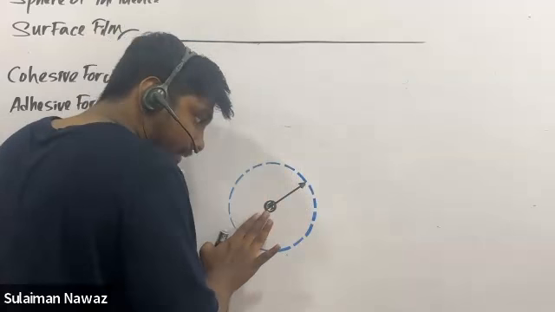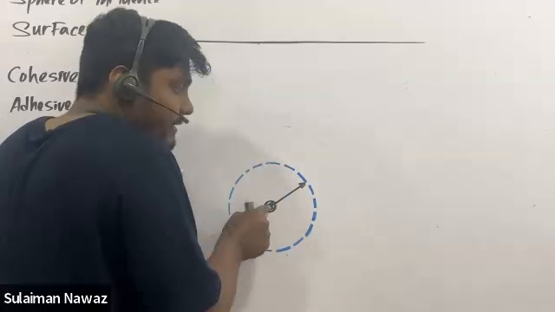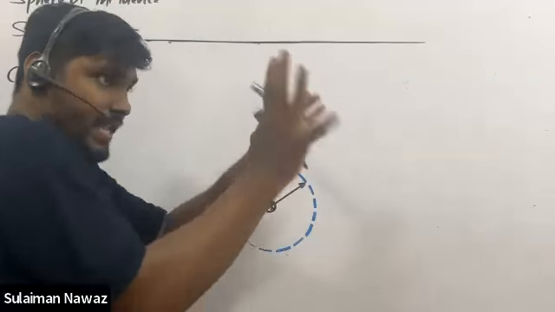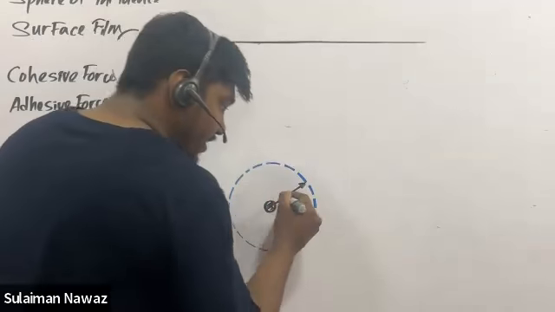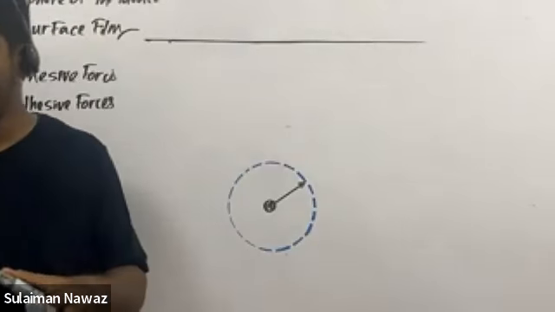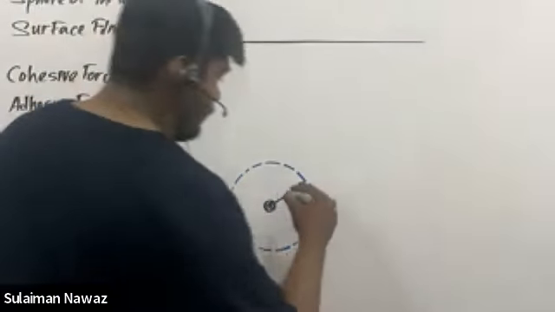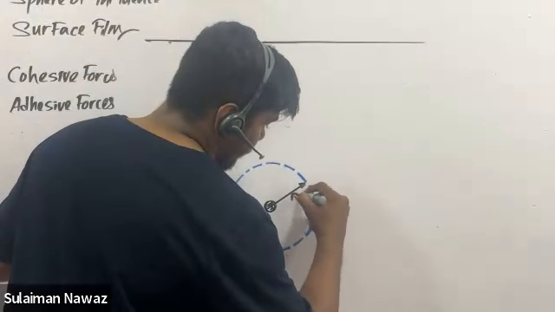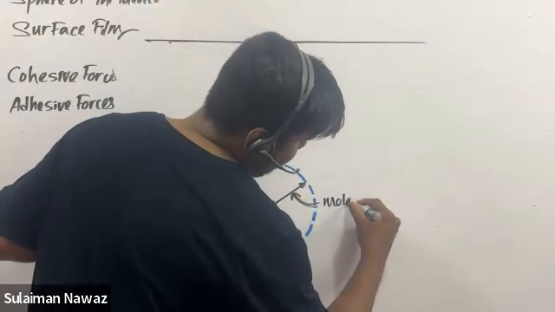The boundary is made by creating a distance from the black color particle, so we call the radius of that boundary the molecular range.